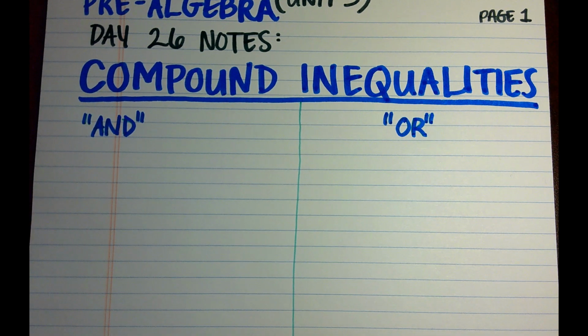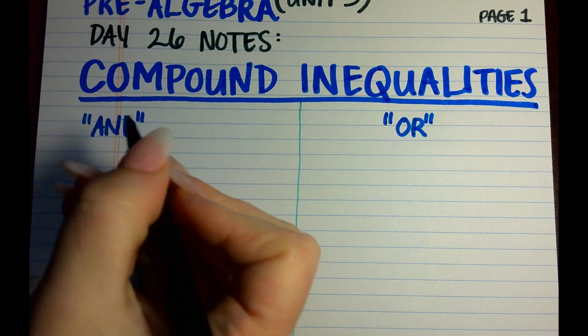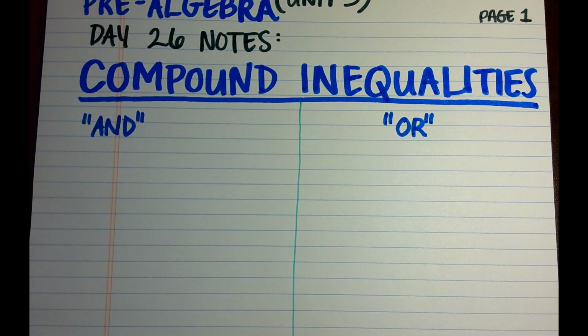Whenever we have an and inequality, we will have a graph where our shading points together. Here's what I mean by that. Let me get a ruler so I have a straight edge.